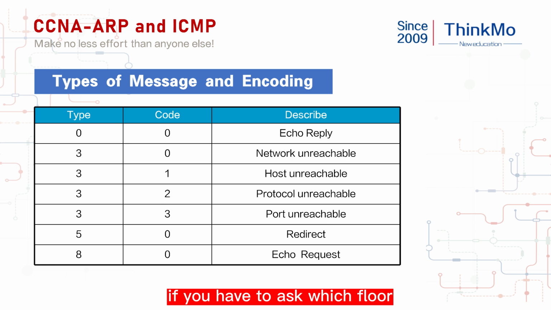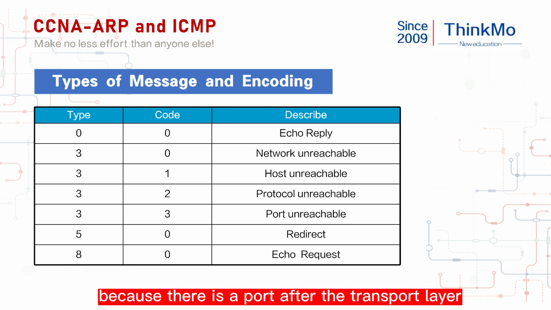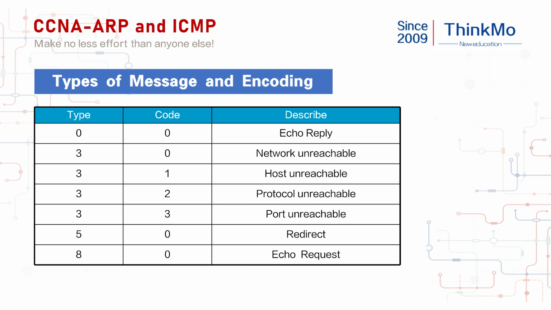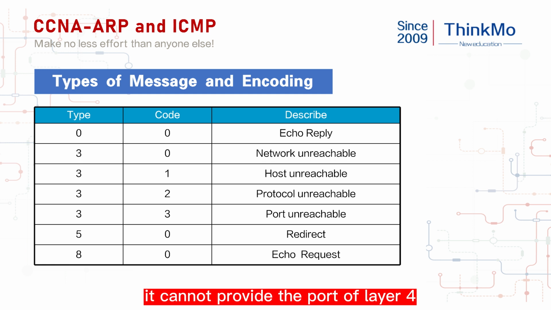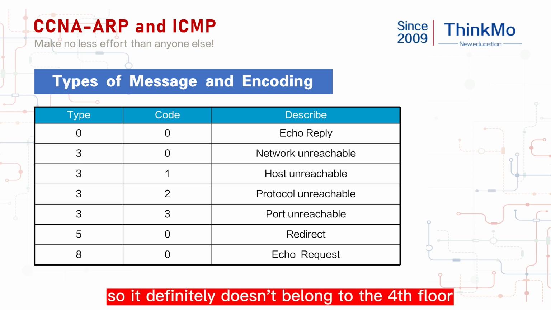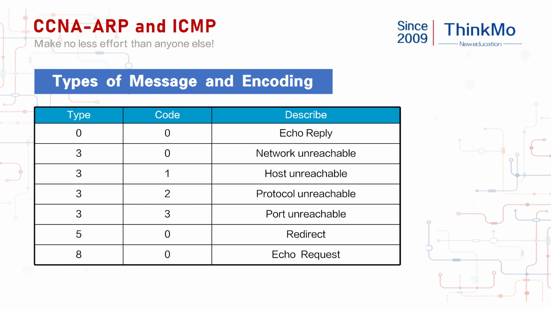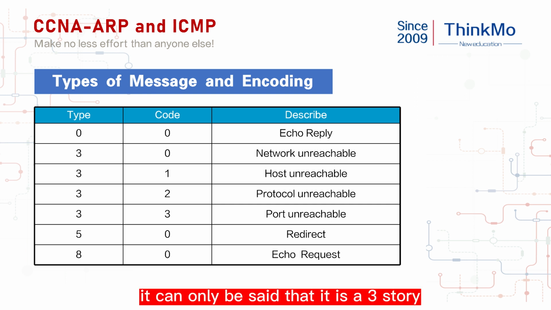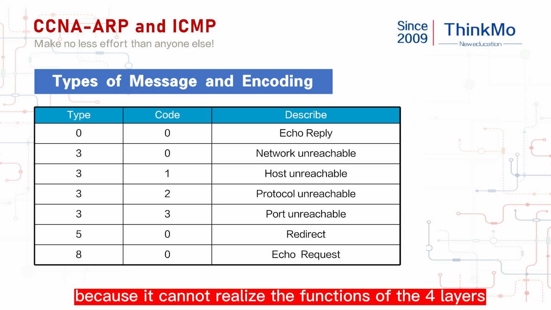If you have to ask which of layers 2, 3, and 4 it belongs to, it belongs to layer 3. Because there is a port after the transport layer, which we are going to control, and ICMP cannot provide the port of layer 4. So it definitely doesn't belong to layer 4. It can only be said that it is layer 3, because it cannot realize the functions of layer 4.